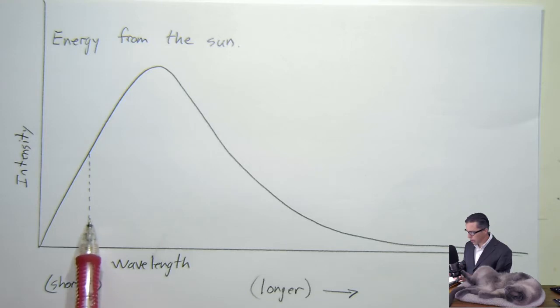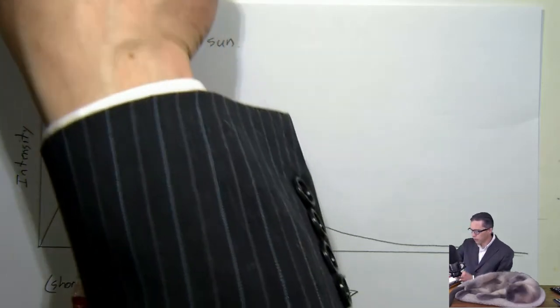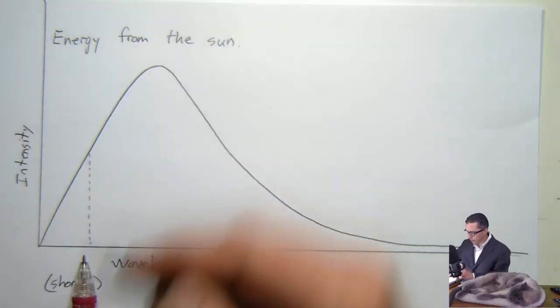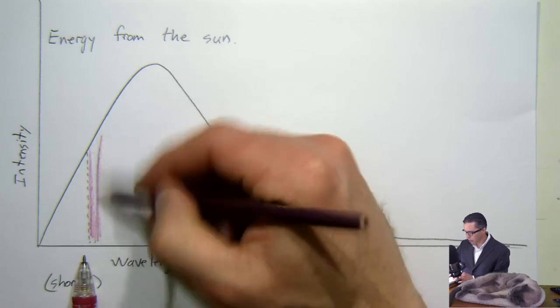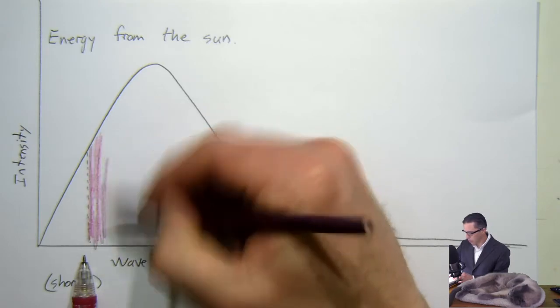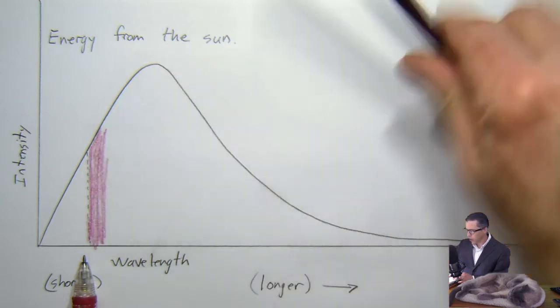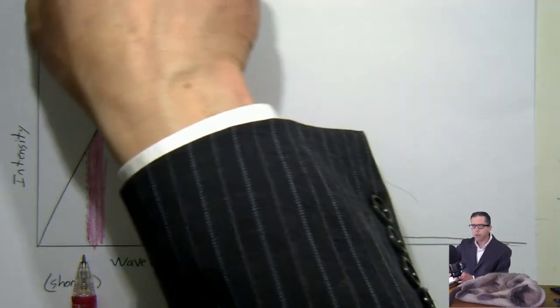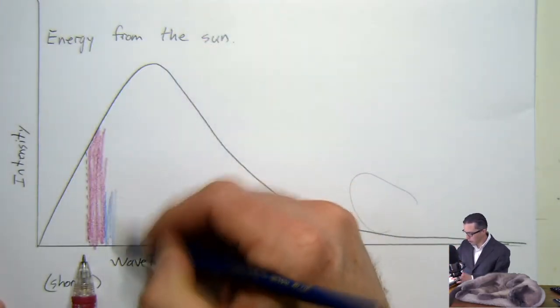Then we start to get into waves that our eyes can see. The shortest ones that we can see, our eyes interpret as violet. So I'm going to shade this a violet purple color. Eventually, as these waves get longer and longer, we interpret them to be more of a blue color, so I'm going to put some blue in here.